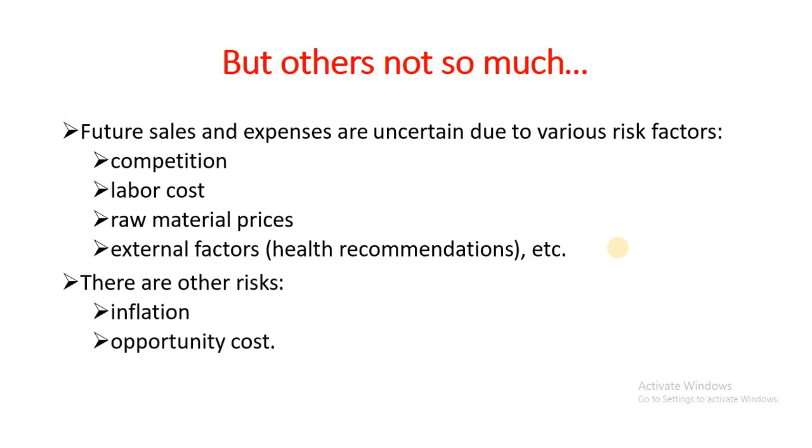There are also other risks which are completely uncontrollable, like inflation. Not a single company can control inflation, and there is also an opportunity cost. So all in all, these things are not so easy to predict.